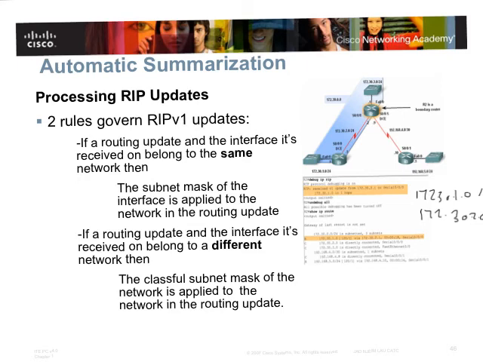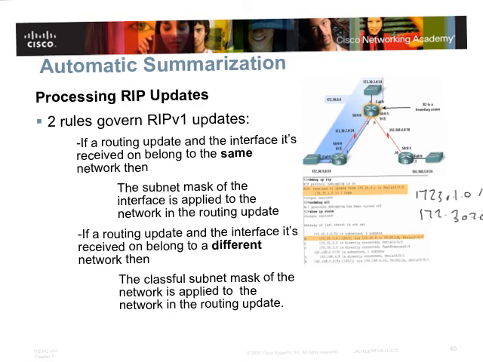So in that case, router 1 will accept this entry 172.30.3.0 with the same subnet mask as the interface, which is /24, because it does not have the subnet mask as part of the route update. So the rule here is that if the route entry has the same major network as the interface, then I will put it in the routing table with the subnet mask of the interface.